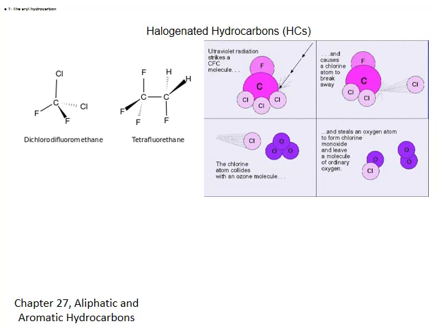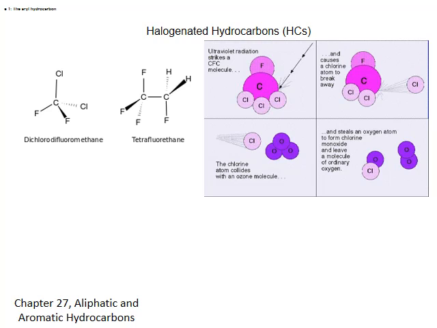If you look to the right, you see a cartoon diagram of the mechanism by which CFCs deplete the ozone layer in the atmosphere. CFCs have been under fire because of the concern of ozone depletion. In the upper left panel of that diagram, we see a chlorofluorocarbon, a carbon substituted by 1 fluorine and 3 chlorines.